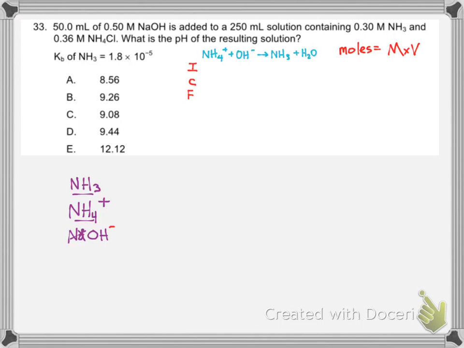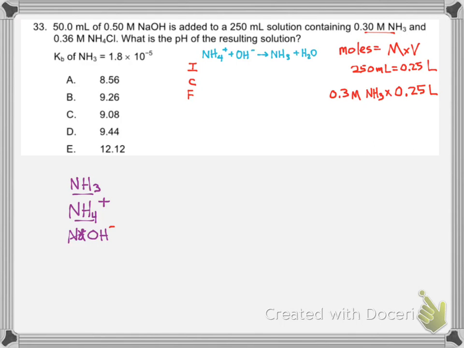So remember that moles are equal to molarity times volume. So we happen to have a 250 milliliter solution, and 250 milliliters is equal to 0.25 liters. So let's multiply it by the molarity for both the ammonia and for the ammonium and see what we get for the moles.